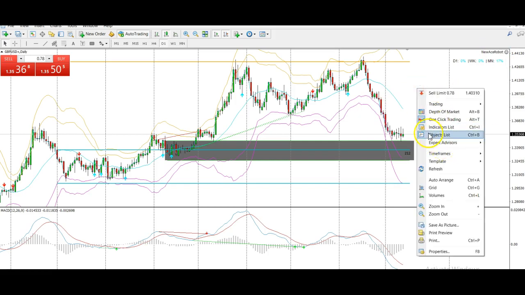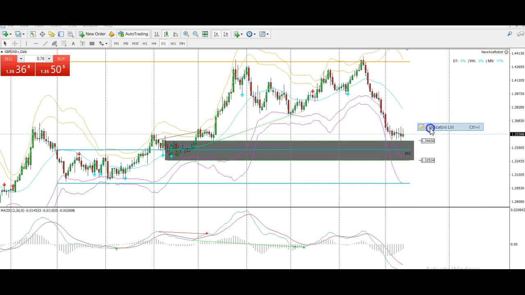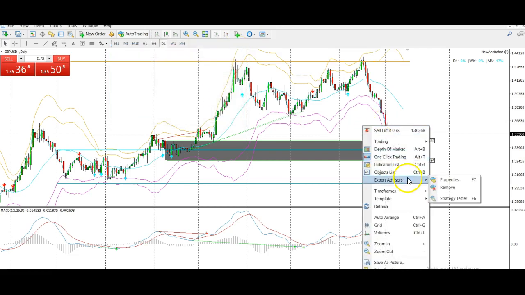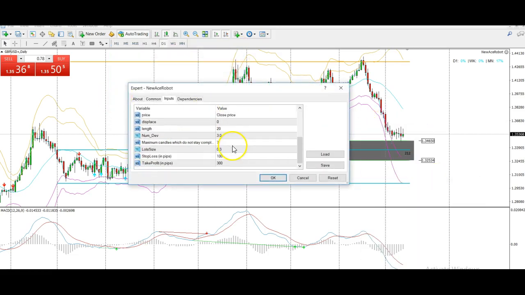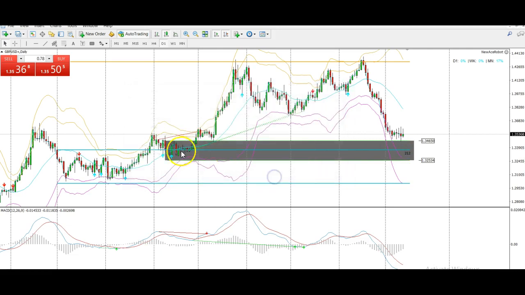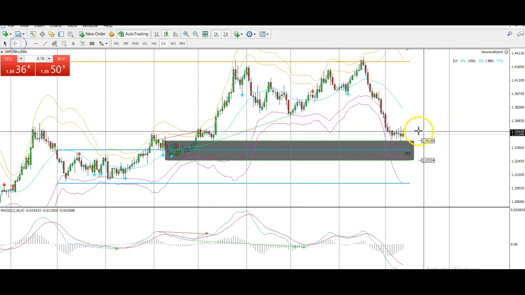Now we're looking to buy the British pound USD. We have the robot programmed to common, only long positions. Again, programmed to take under the zone 100 pips. Take profit.